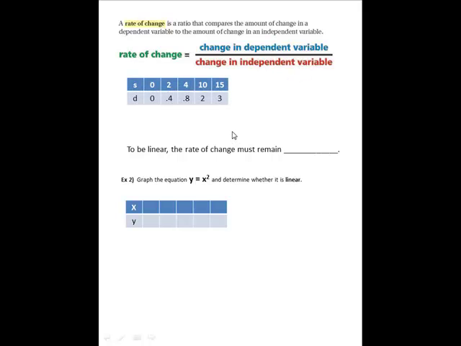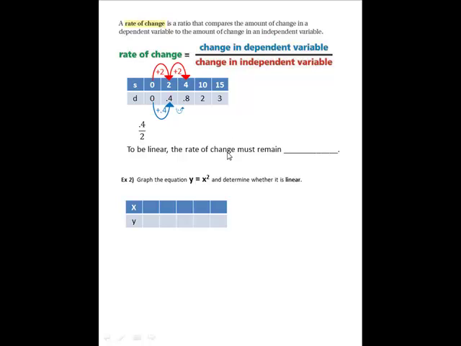If we take a look at the table that we had from the other side of the paper, the change in s, which is our independent variable here, is 2, while the change in our distance is 0.4. If we write that as a ratio, putting the dependent variable's change on top and the independent variable's change on bottom, we would get 0.4 over 2.